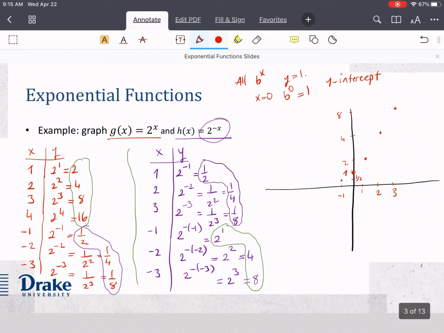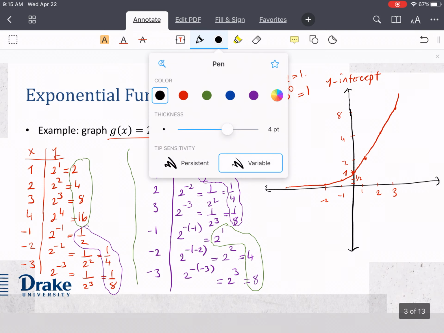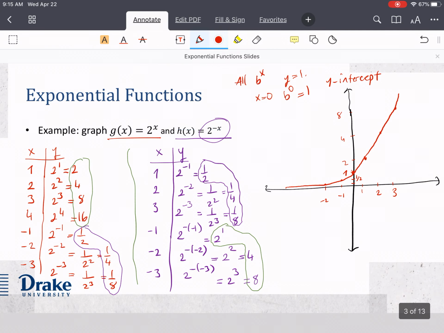And then when x is negative 2, it's going to be 1 over 4, which is a really small value here. Okay. All right. So when you plot these points, you're going to realize the graph will actually look like something like this. And it keeps growing. Just going to extend this a little bit. Okay. So you realize this graph belongs to y equals 2 to the x.